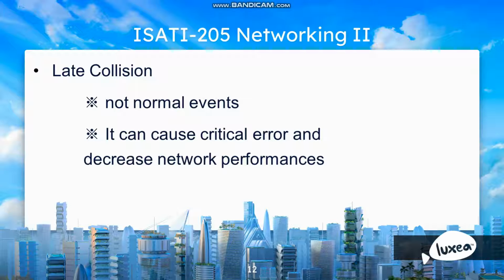Late collisions are not normal events and it is not even a considerable problem nowadays, but we should solve the problem as soon as we find late collisions because, as I said, it can cause critical errors and decrease network performance. We don't want that to happen, right?